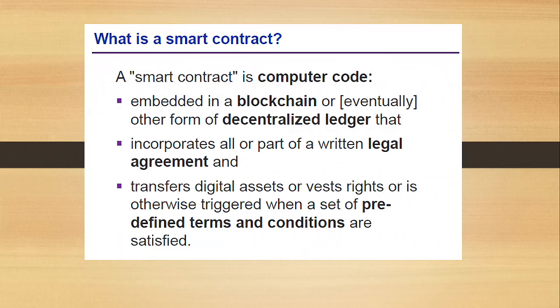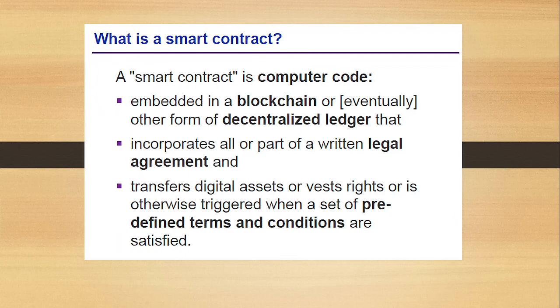Here is where you place a set of code that will automatically fire when a particular criteria is met. They are normally embedded within a blockchain, so you need the blockchain platform or any decentralized ledger. We have already mentioned this decentralized ledger. A smart contract also incorporates all or part of a written legal agreement.